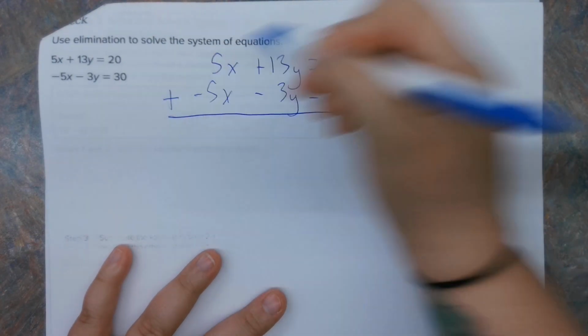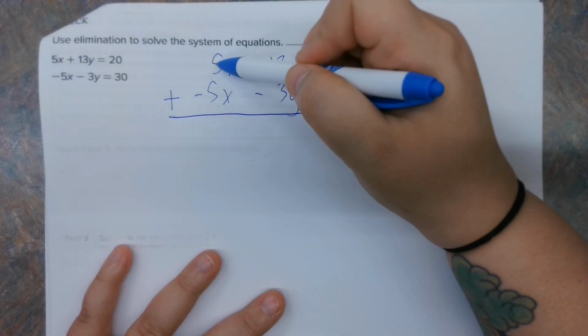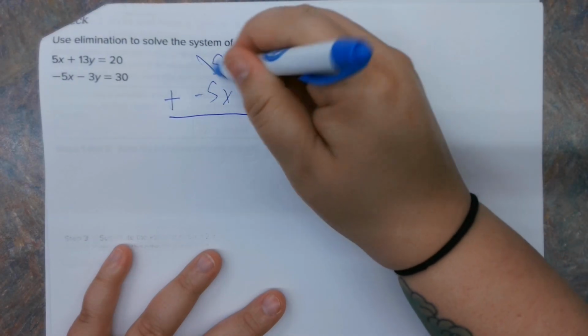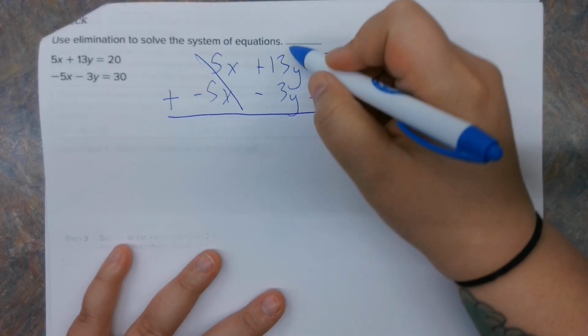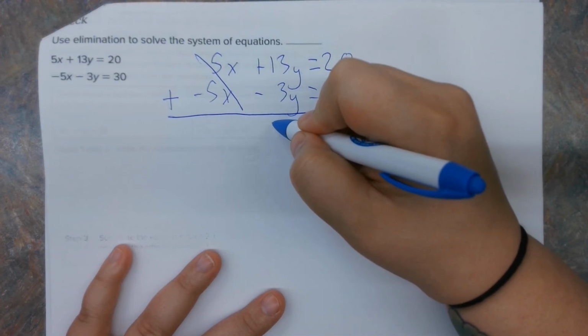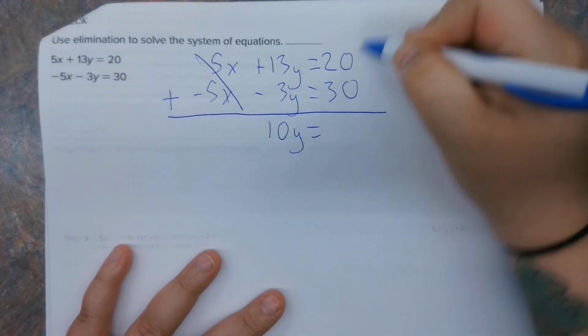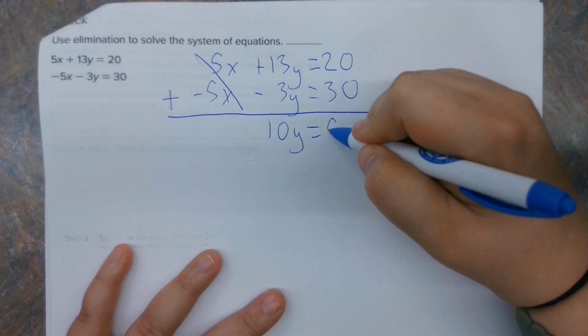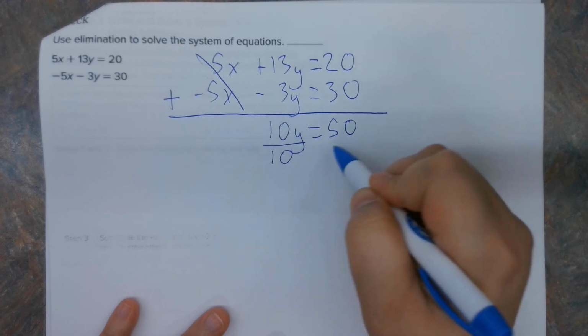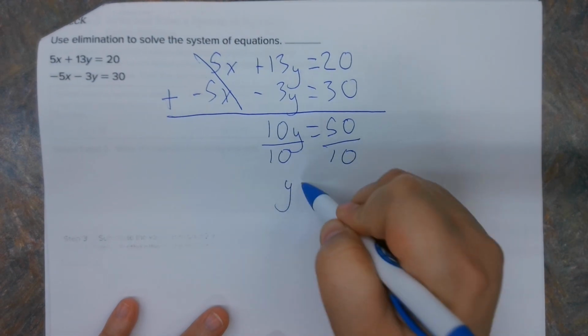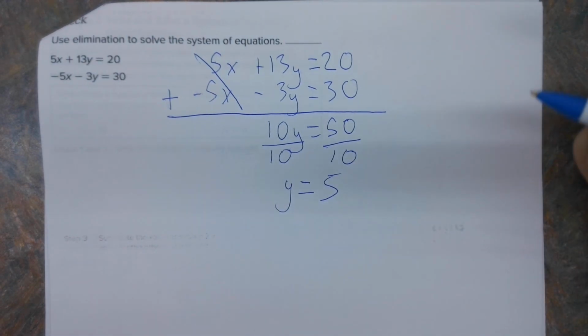Opposites, so I'm adding. Positive 5, negative 5 cancel out. Positive 13 minus 3 or plus negative 3, this is going to be 10y equals 20 plus 30 is 50. Divide by 10, divide by 10, y equals 5.